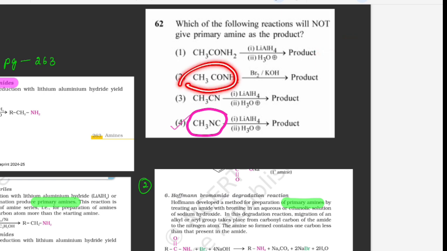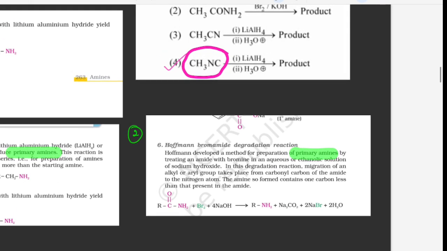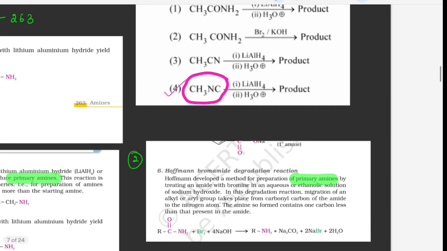Second is amide when it is treated with bromine in the presence of a base. Here you can see the Hoffmann bromamide degradation reaction. Hoffmann developed a method for preparation of primary amine. Amide is treated with bromine and sodium hydroxide. Here, instead of sodium hydroxide, potassium hydroxide is given.